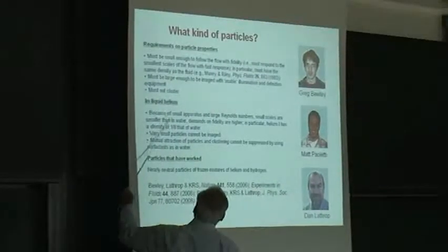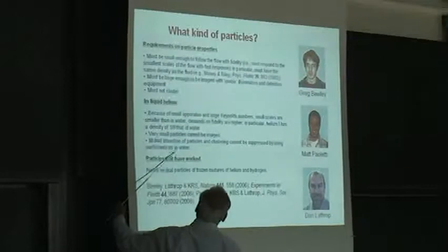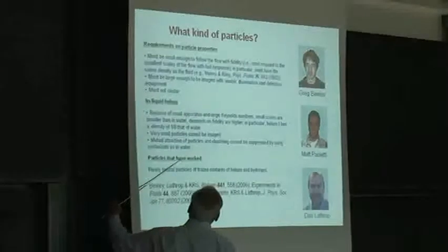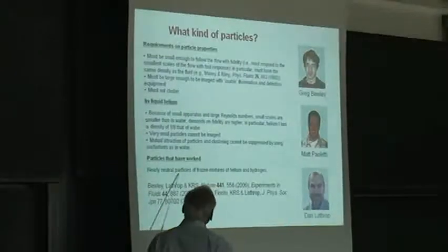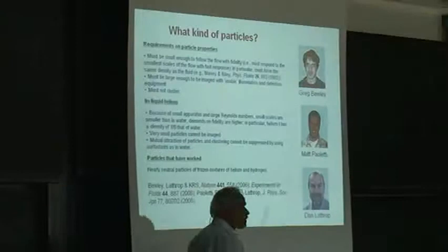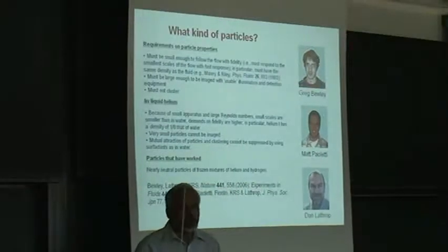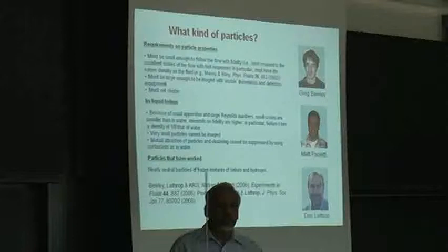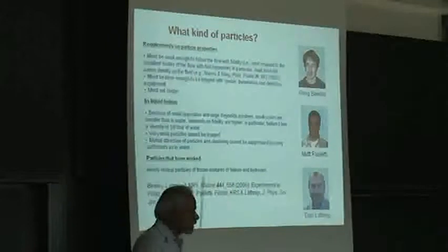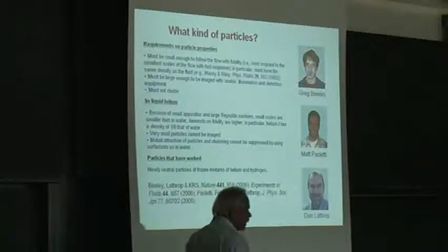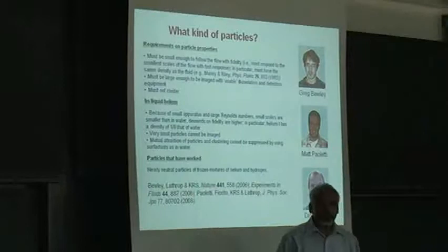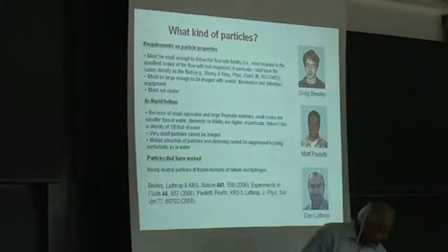But in liquid helium, there are some special aspects that make it even more difficult, and the particles that I've worked with are nearly neutral particles of frozen mixtures of helium and hydrogen. So somehow you mix them in the right proportion, and you cool them, and then you can make tiny particles that are neutrally buoyant, and also scatter enough light that it makes it possible to see this.